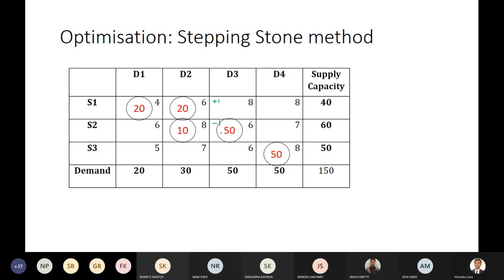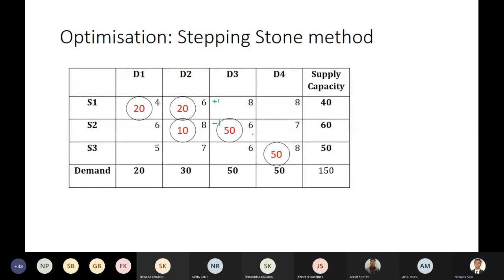Correct? If I have to subtract 1 unit from here, okay, my row constraint on this side will become 59. Correct? 10 plus 49 becomes 59.